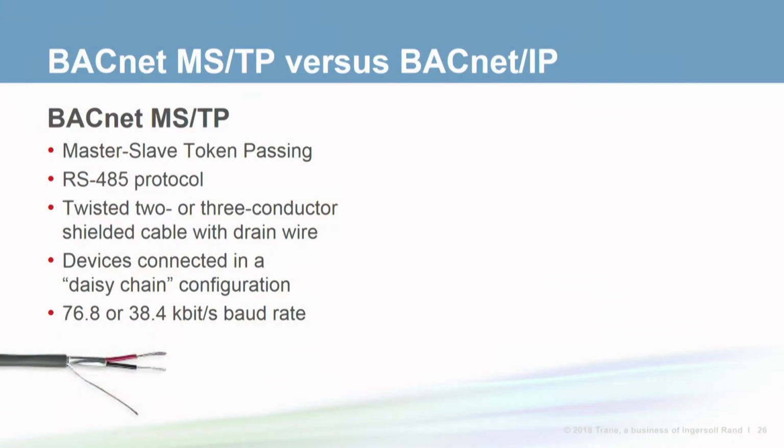For those of you that may not be familiar with these terms, BACnet MSTP uses an RS-485 communications protocol. The network gets created using twisted 2 or 3 conductor shielded cable with a drain wire. The devices are all wired together in a daisy chain configuration, and most sites use either 76.8 or 38.4 kilobaud rate for transmission data.